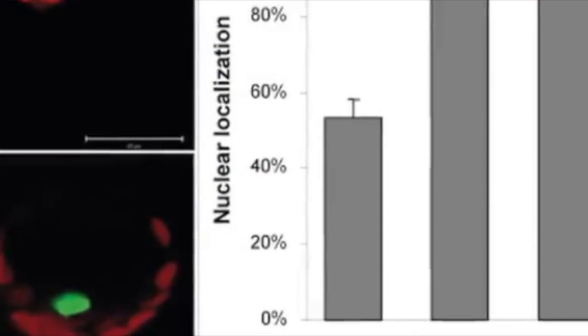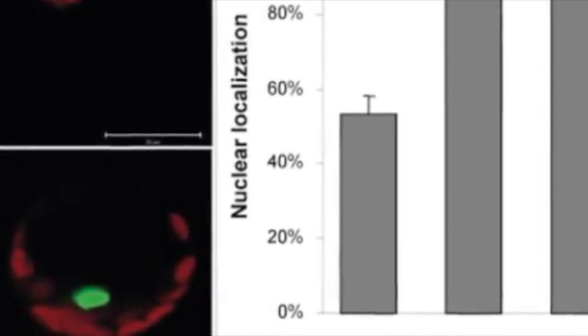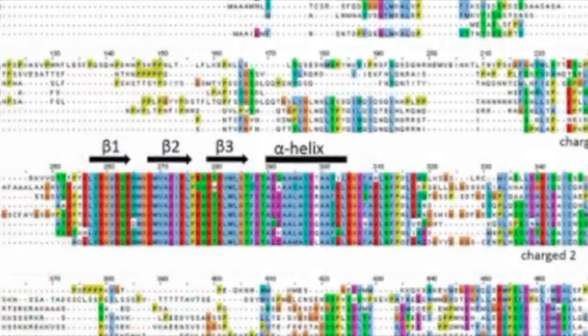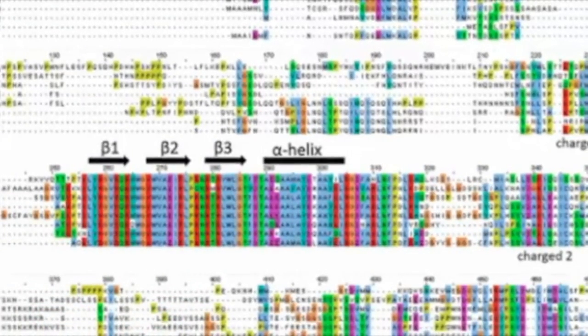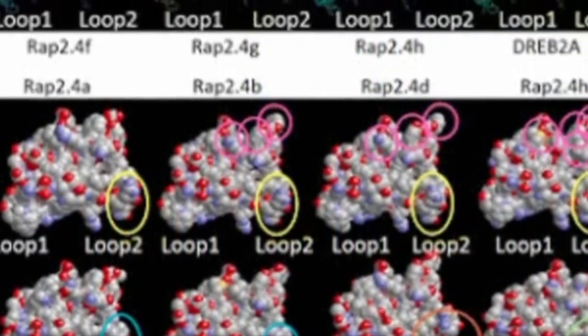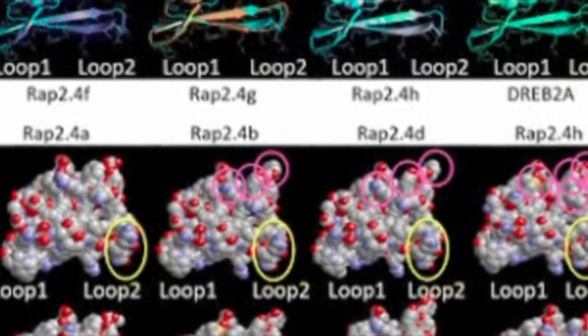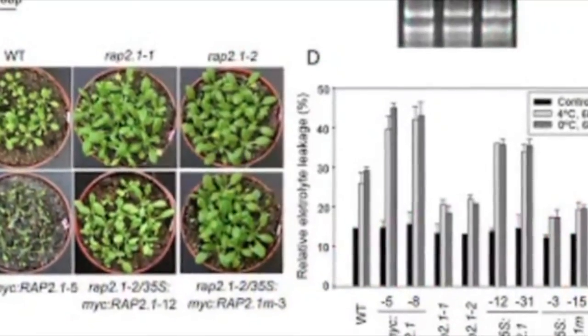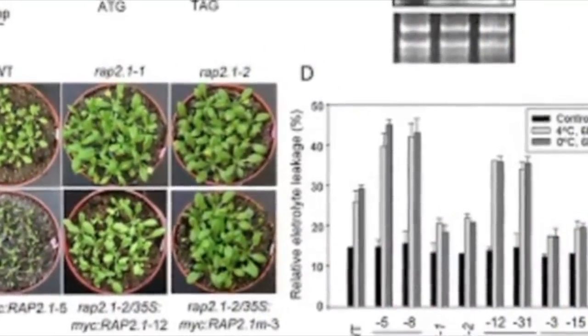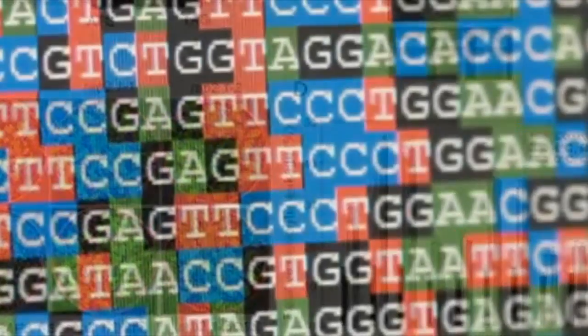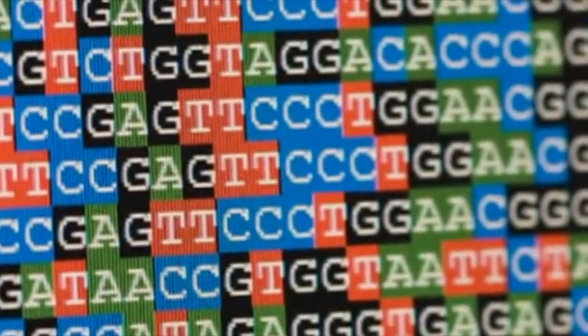RAP2.4 from Carica papaya, four genes were isolated, and an in silico analysis showed that the four genes encode proteins that contain a conserved AP2 domain located within group 1 and 2 transcription factors of the AP2 superfamily.